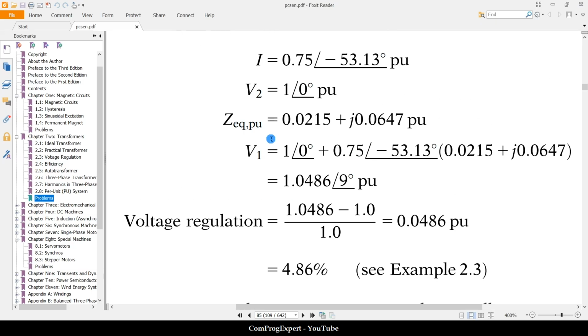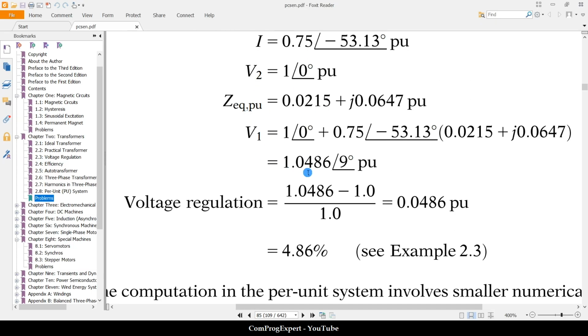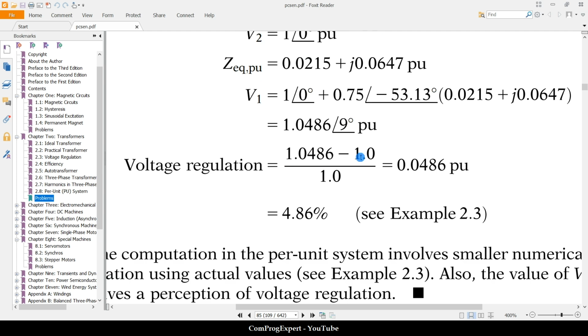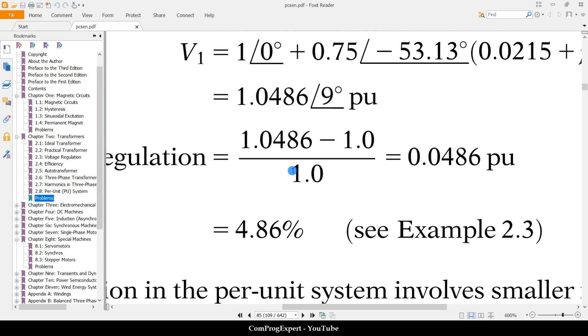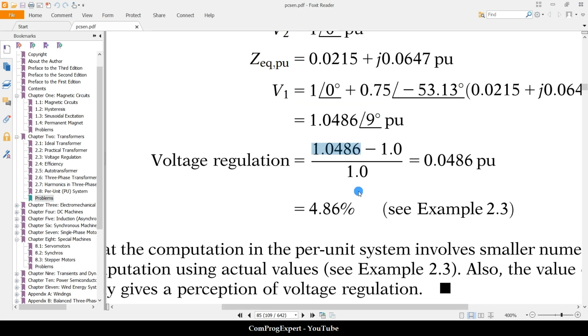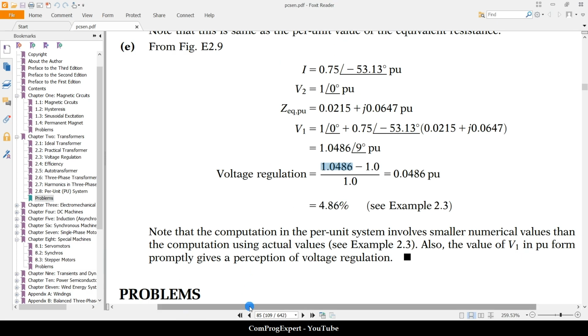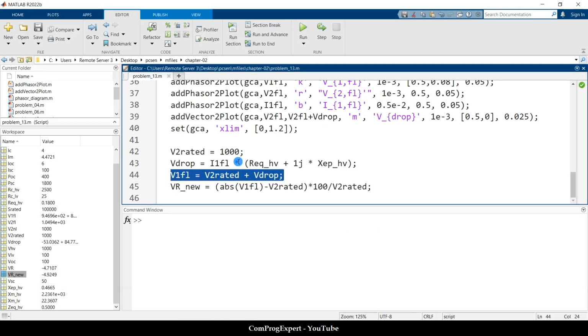The system in this example is per unit. We will discuss the per unit system in the next problem. So here the value of the V2 is set equal to 1 per unit, and we calculate the amount of the rise in the amplitude of the V1 and calculate the voltage regulation, the second method that we used in this M file.